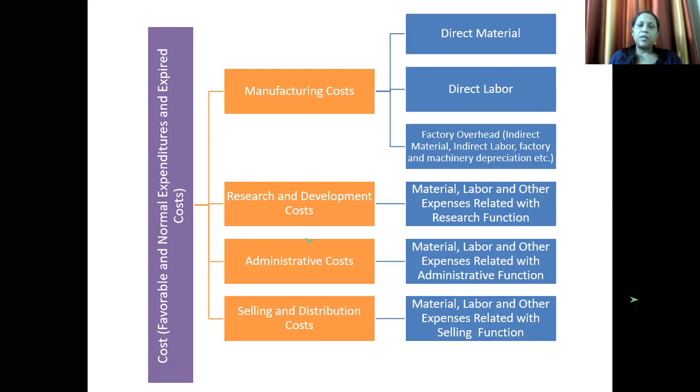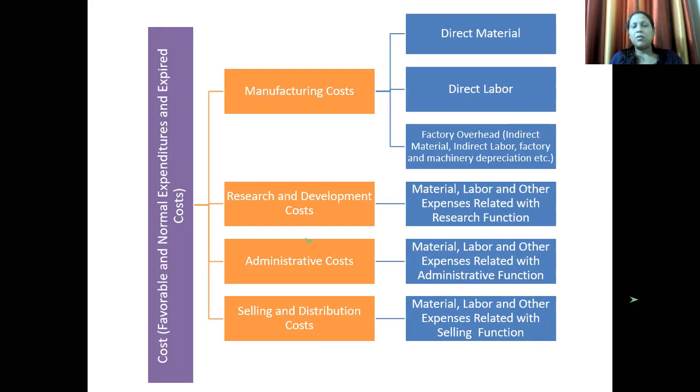And second one is research and development cost. Research and development cost include material, labor, and other expenses related with research function. Administrative cost is basically material, labor, and other expenses related with administrative function.